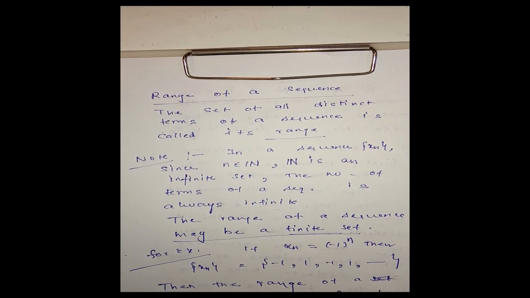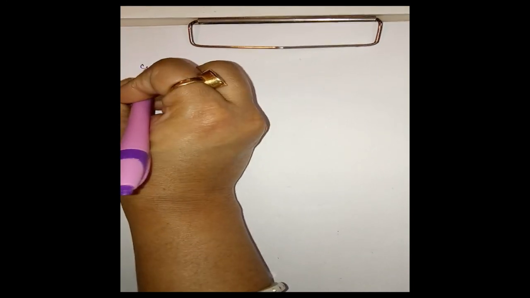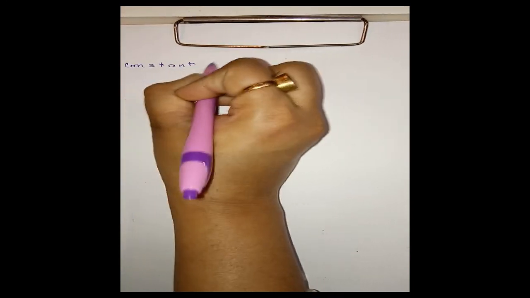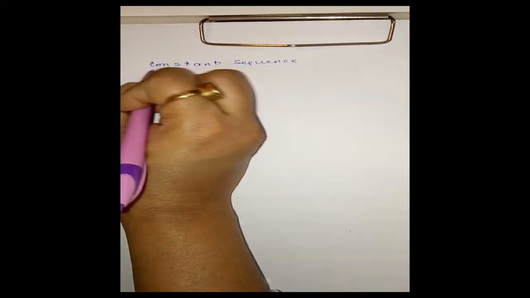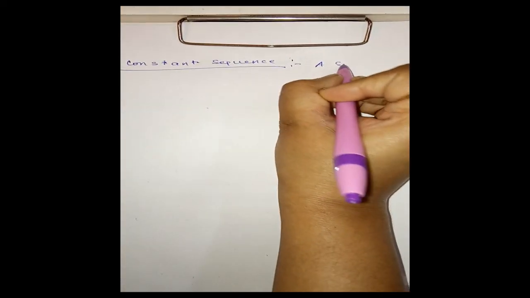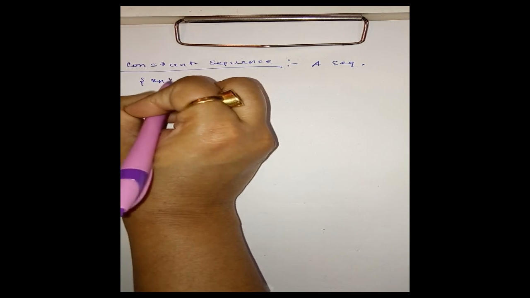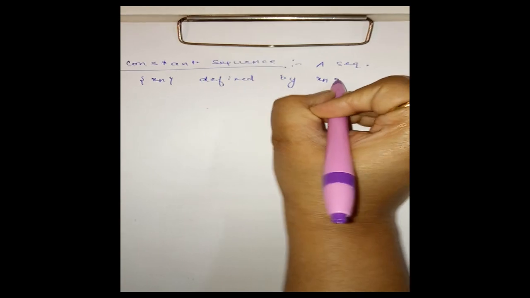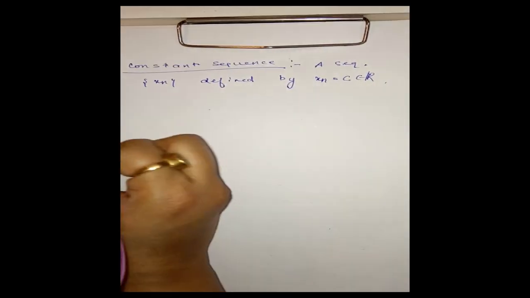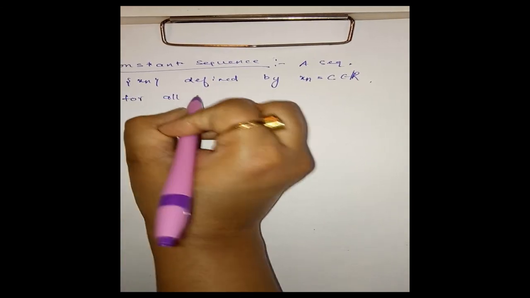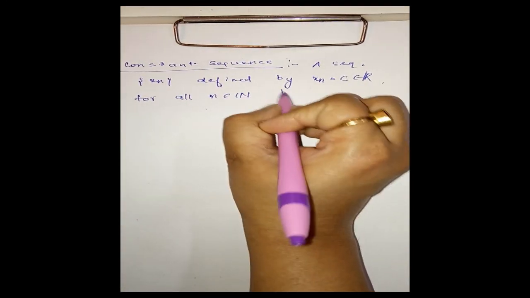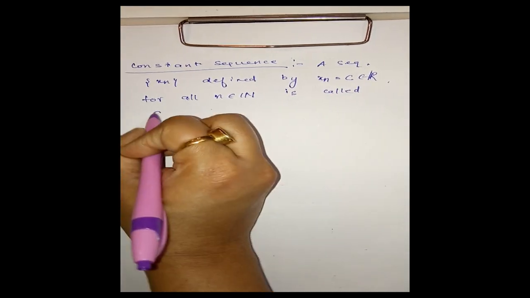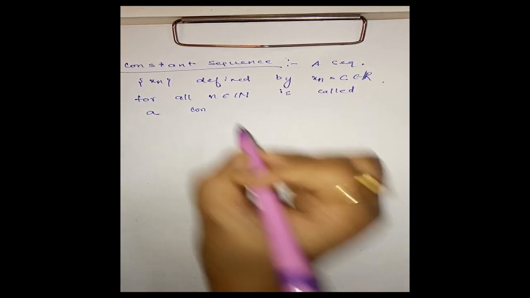Next comes the constant sequence. A sequence xn defined by xn is equal to c belonging to R, real numbers, for every n belonging to N is called a constant sequence.